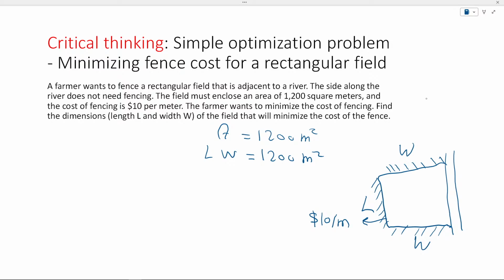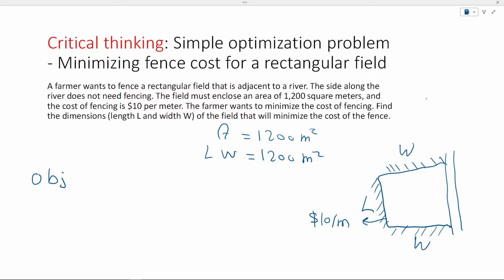In optimization, this is a typical minimization problem. I want to find the L and the W that will give me the minimum cost, provided that I get this total area, 12,000 meters squared. Let me write this in optimization language.